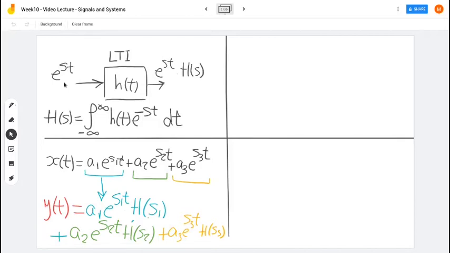So it's only a matter of dividing this input into a summation, or superposition, of e^(st) terms and computing H(s) at s1, s2, s3, and so on. And this is the key idea behind the Laplace transform, why you actually use the Laplace transform to represent signals: to make it easier to deal with LTI systems.